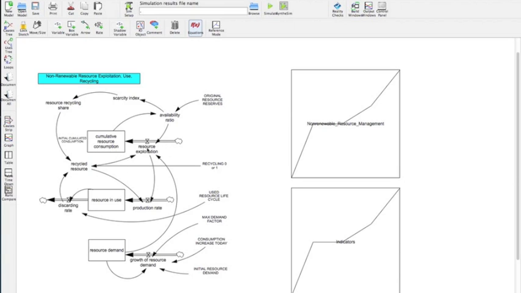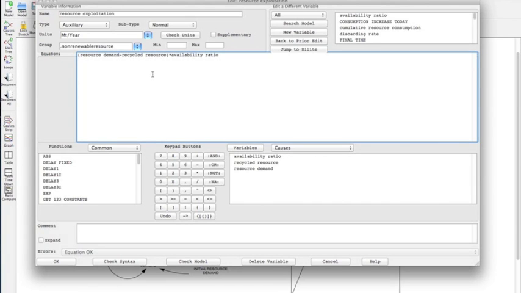We're still here. So the exploitation of the resource is computed as a product of the demand for resource, which is one of the stocks, minus what's recycled. So whatever resource you need minus what you can recycle, that's what you actually exploit. And you multiply that by the availability ratio just to consider the fact that you don't have unlimited reserves.